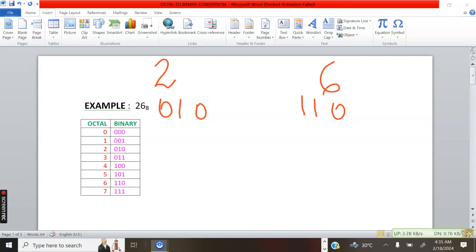Okay, having done that, the next step is to convert the binary number obtained to hexadecimal. So what I'll do, I will combine this to 0, 1, 0, 1, 1, 0, base 2. There goes my binary number.